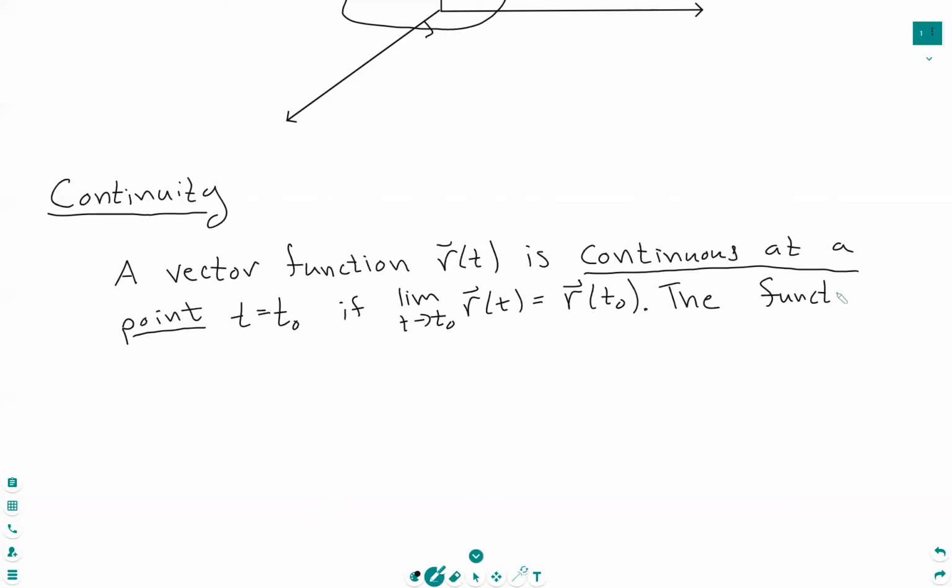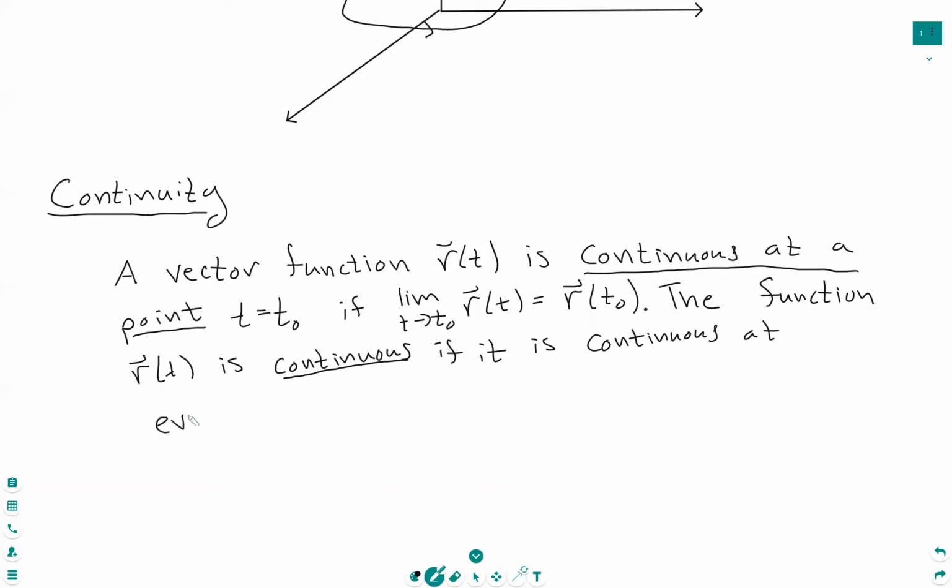The function r of t is continuous if it is continuous at every point in its domain.